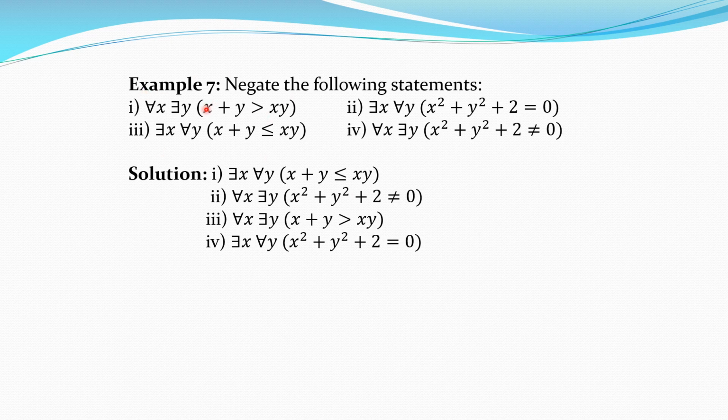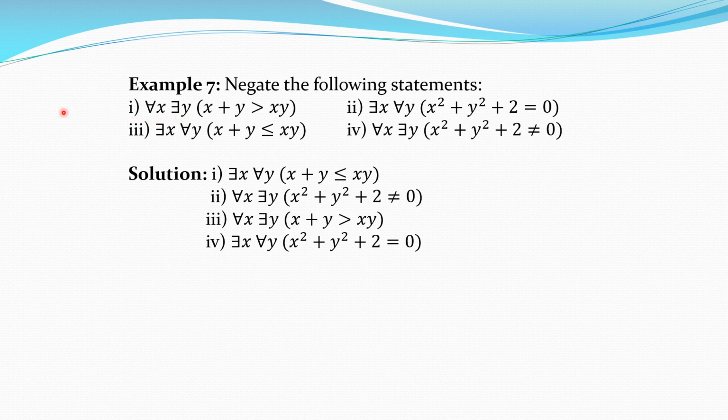Now, here already some statements are given in symbolic form using quantifiers. Now we have to write the negation of each, means negate the following statements. Now remember, negation of for all is there exists. Negation of there exists is for all. Now first is for all x there exists y, x plus y greater than xy.